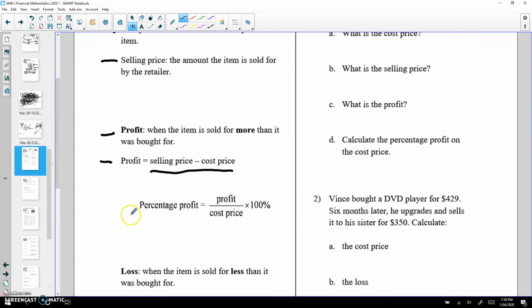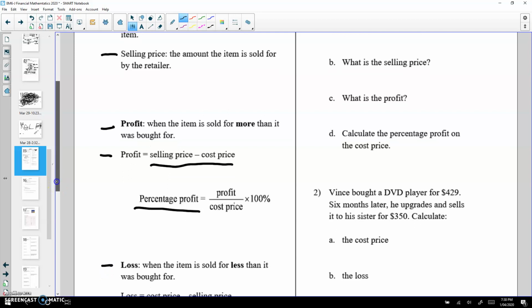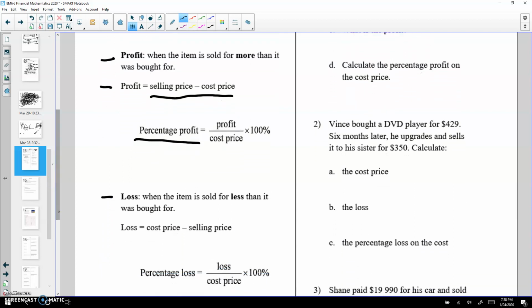If I wanted to find the percentage profit, then I'd look at how much profit I made, divide that by the cost price, and times it by 100%, so I get it as a percentage. Now, when you're not selling the product for full price, sometimes companies will need to get rid of stock and they'd have to put it on sale.